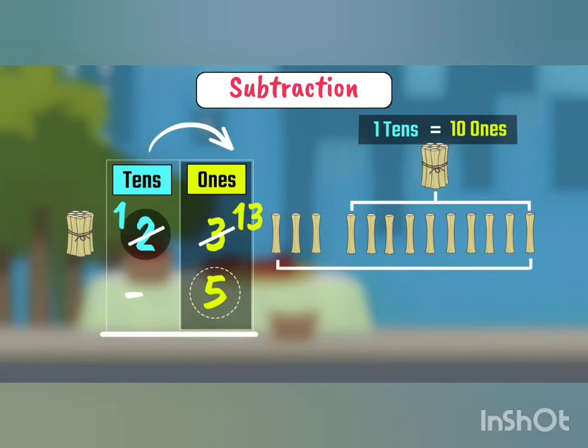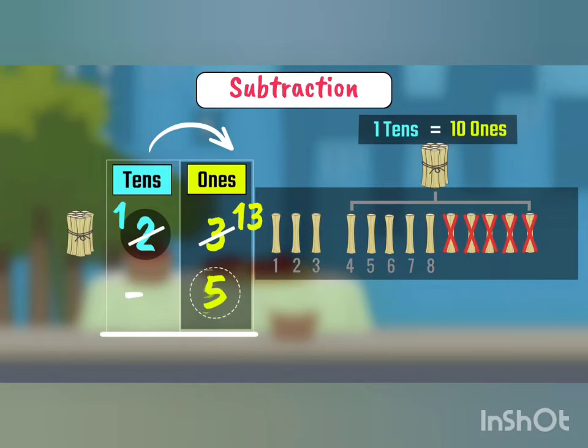Subtract 5 from 13. And we will get, yes, 1, 2, 3, 4, 5, 6, 7, 8. It means after subtracting 5 ones from 13 ones, we are going to get 8 ones.